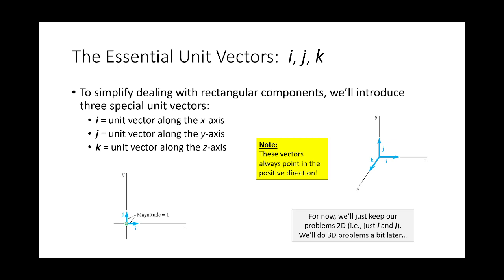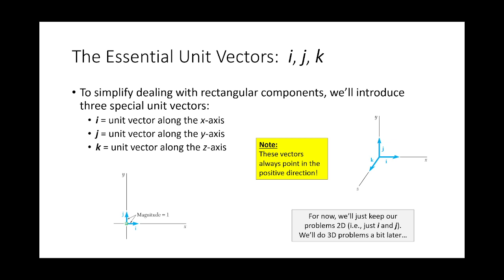The j vector, same thing, only it points along the positive y-axis, okay? Positive direction, all right? j also has a magnitude of 1, and because we're engineers and we operate in the 3rd dimension as well, I'm going to introduce the k vector as well.